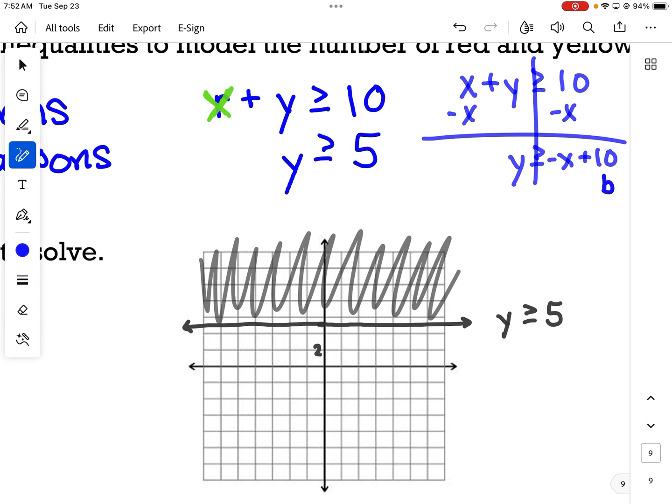We're going to graph this. So remember, you graph starting with your b. Remember, going by 2. So 2, 4, 6, 8, 10. Plot a point, because I'm going by 2's on the y-axis.